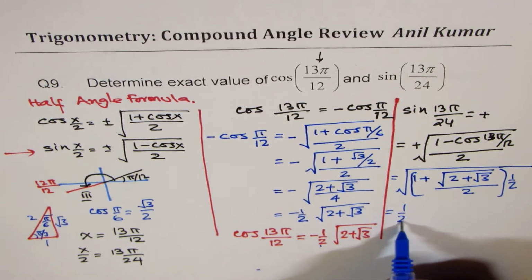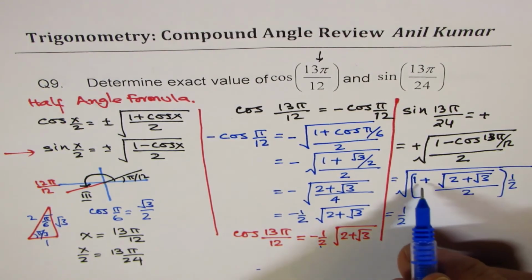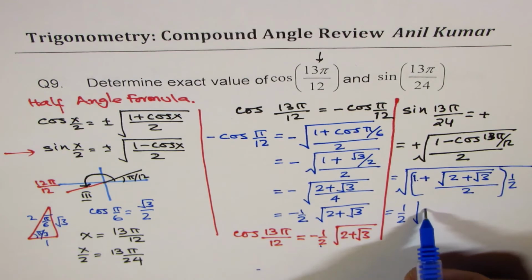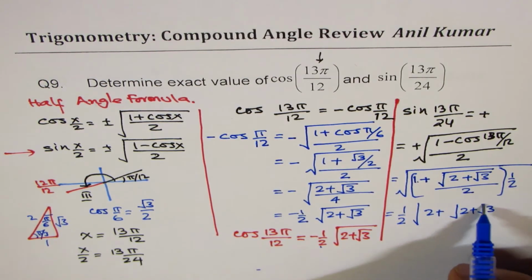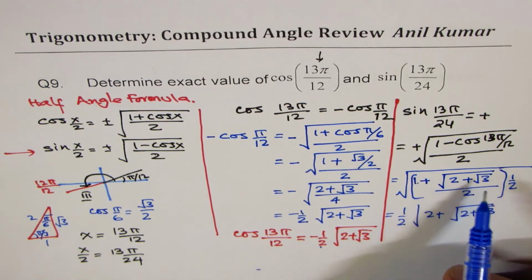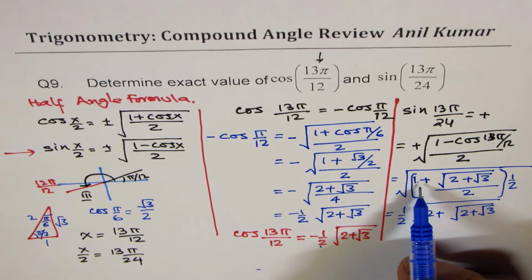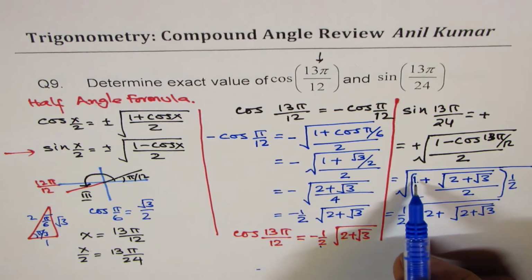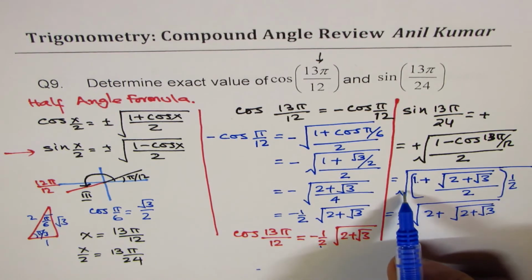So 2 times 2 within square root becomes 4, so I'll bring it out. Within this square root, because I have to multiply this by 2, I get 2 plus square root of 2 plus square root 3. Is that clear? Within the square root, I took common denominator of 2, so it became 2 plus all this. And 2 times 2 is 4, so square root of 4 is 2.